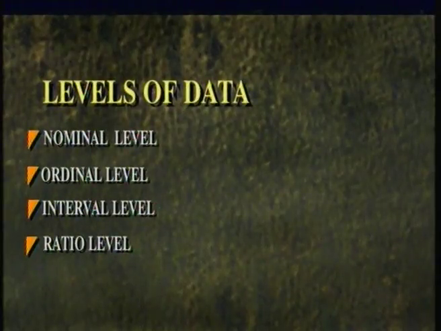The fourth and highest level is ratio level data, which is also continuous, and in addition it has a mathematical 0. With interval and ratio level data, you can do many statistical calculations. And when we do our hypothesis, we have to see what type of data we have to get.